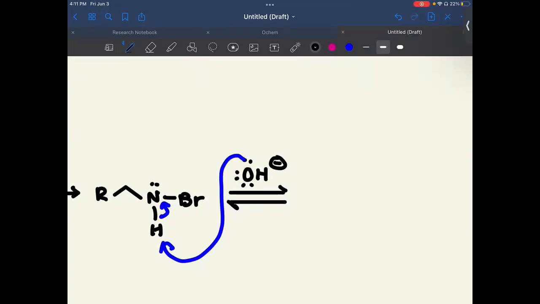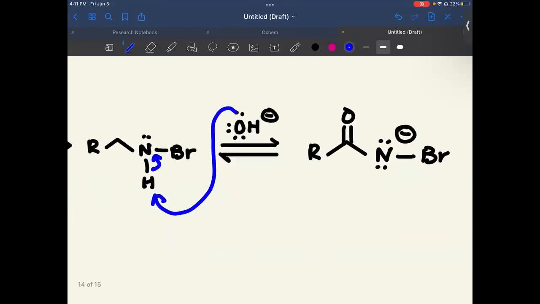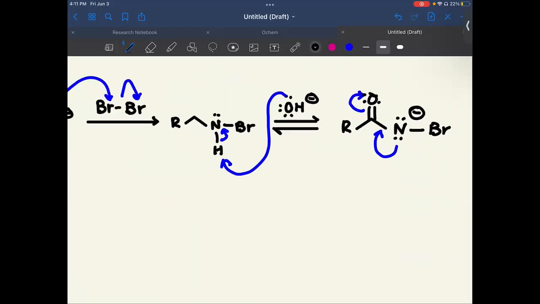And then from this, we get this product. Nitrogen is back to having 2 lone pairs and a negative charge. We still have this oxygen. But then this lone pair is actually going to kick onto this single bond, which is going to kick up there for the oxygen, which should have 2 lone pairs.